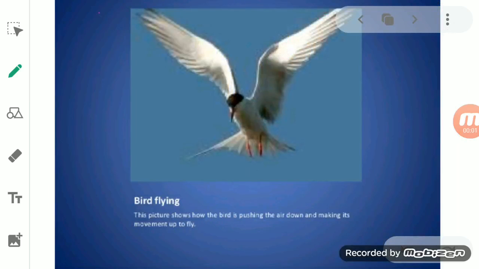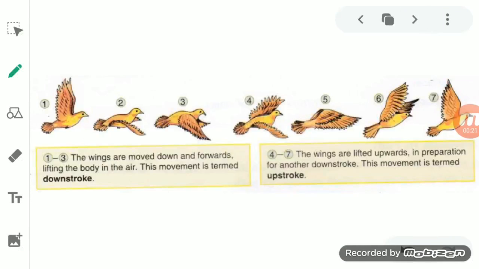Now if you see, student, in birds the muscles which are there for flying act on the wing. One pair of muscles pulls the wing down, and the other pair of muscles pulls the wing up.